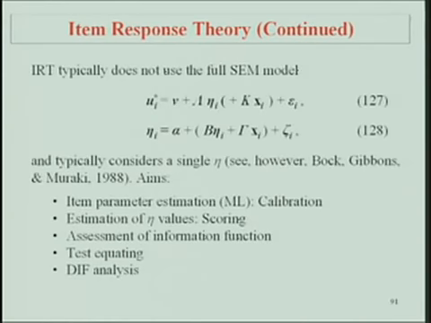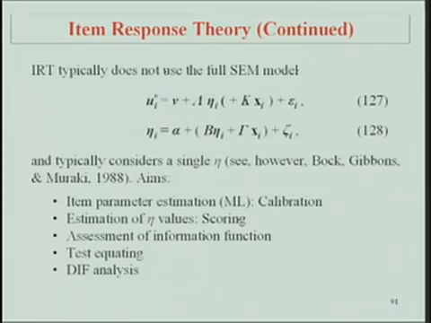Item response theory then is a special case of a full structural equation model. So this builds on what we talked about yesterday all day long, where the response variable now can be written in a linear form as a function of the factor eta if you choose the underlying response variable formulation, u star, equals the usual intercept nu, the regression coefficient matrix, the lambda matrix, the loading matrix, plus a direct effect term from the x's, x influencing the response variables directly, and a residual epsilon.